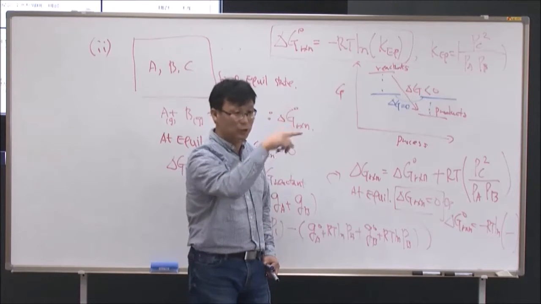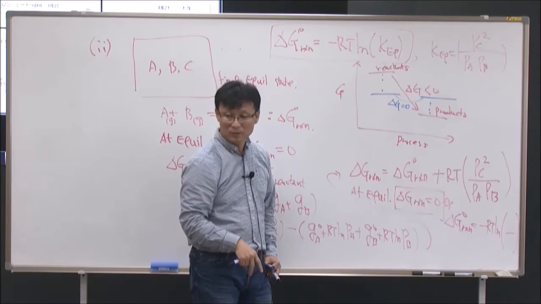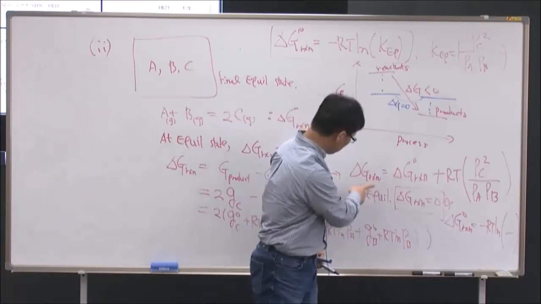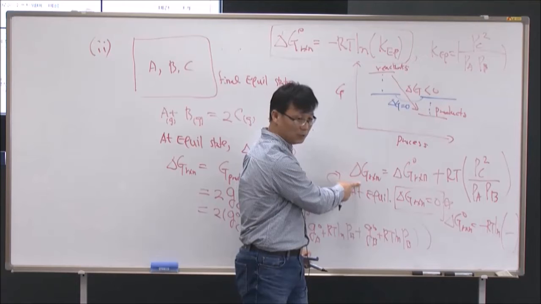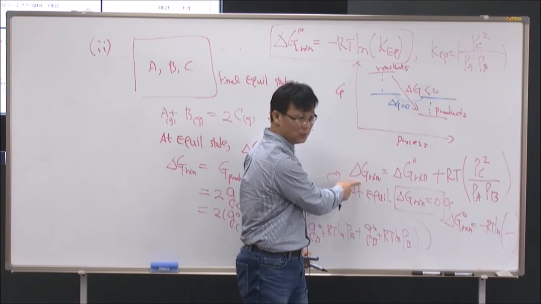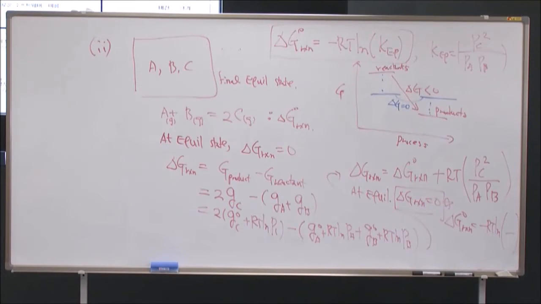Or some people use Q, same meaning. Okay? But if it is not equilibrium state, then you can have a different value than 0 for this value. Okay? So let's go a little bit further here.